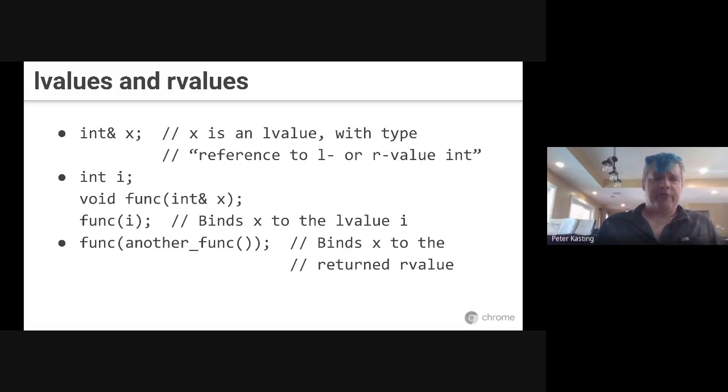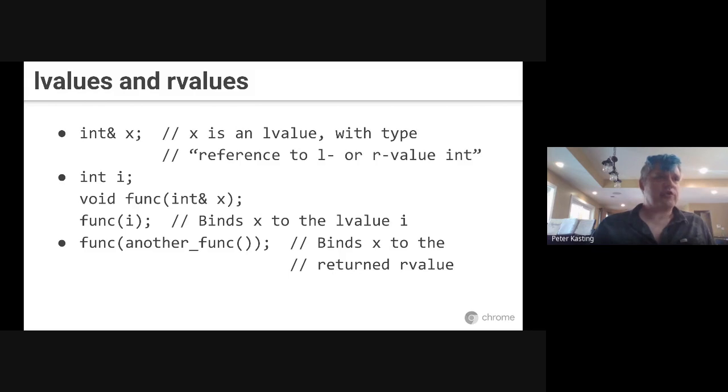Even if you have references, references don't really change the nature of L value and R value-ness. So you can have an L value that's a reference to something. You can have a function call that binds that L value to another L value or to an R value.